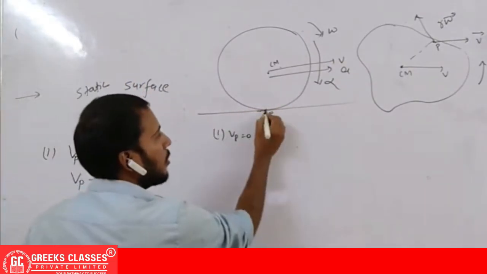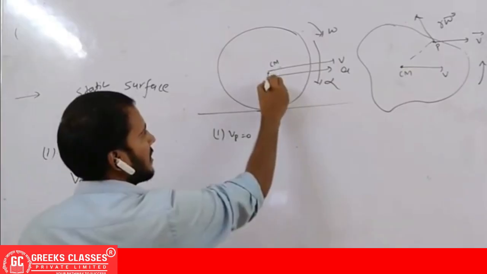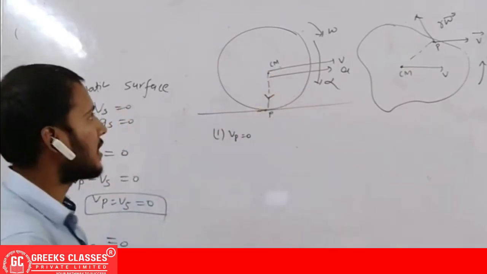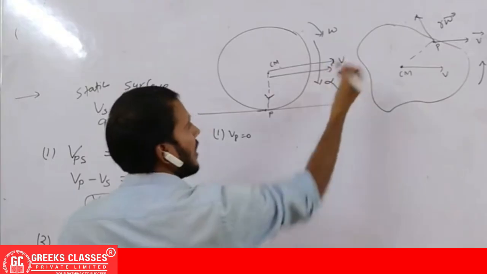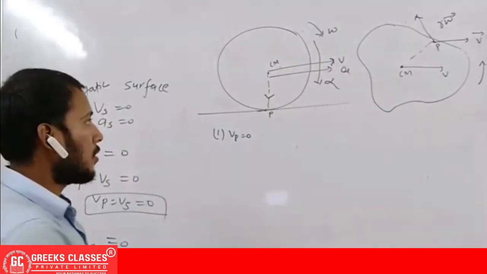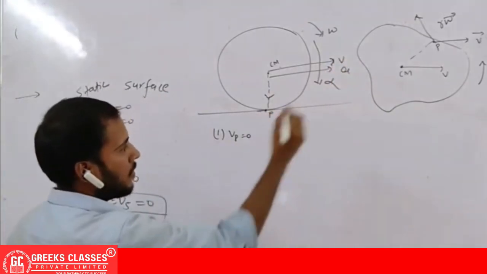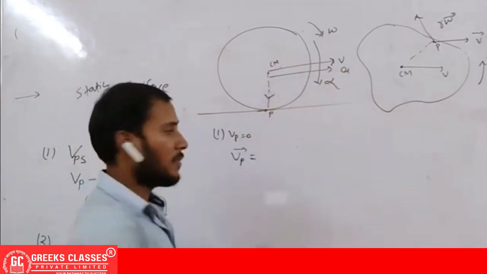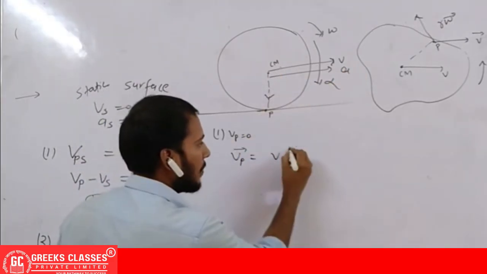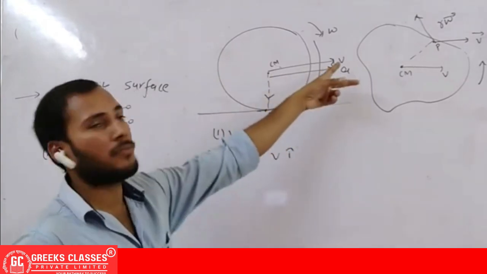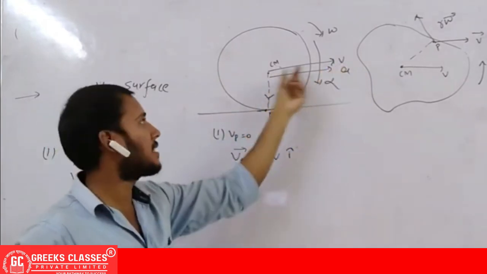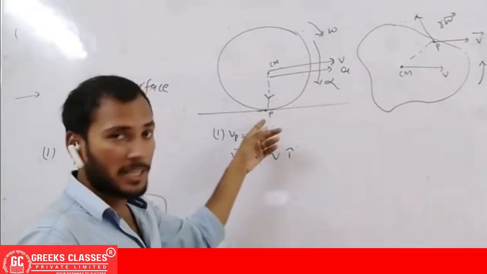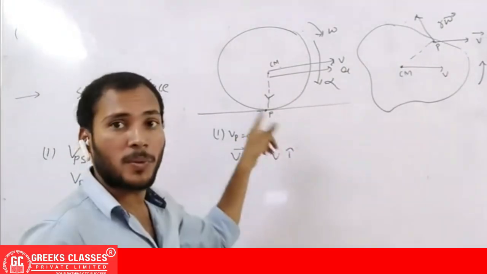So look at point P. Point P is connected like this. This is the radius vector of point P with respect to the center of mass, and this is the velocity V of the center of mass. What will be the velocity of point P? First of all, the velocity of point P will be equal to VCM, that is V i cap in the x direction. Look at the direction of the V vector, it is in the x direction, that is i cap. Another term comes due to rotational velocity, that is R into omega.